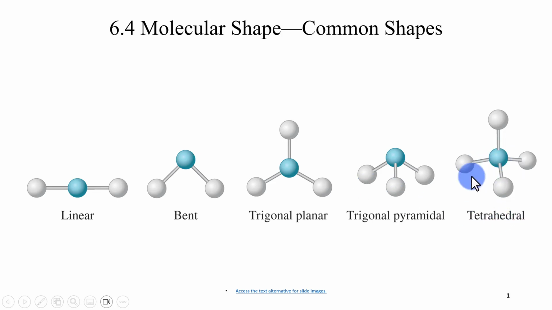Then finally, tetrahedral, where we have the terminal atoms, there's four of them, forming a pyramid, and the central atom is not at the top anymore, but is right in the middle, in the center of that pyramid, in the hollow, right? If this were a three-dimensional pyramid, that would be right inside the pyramid in the center.